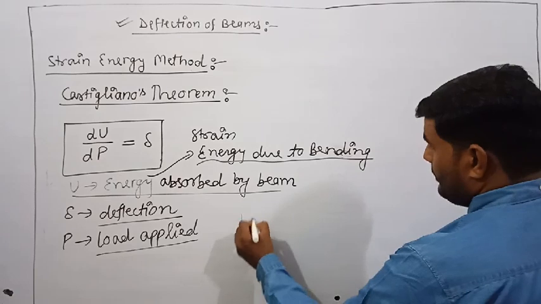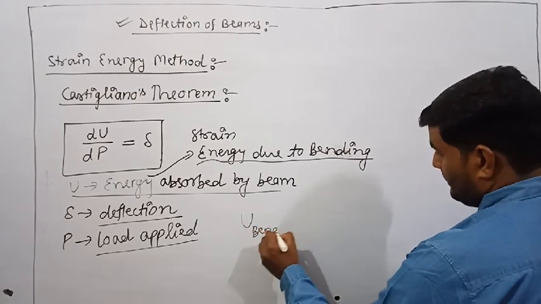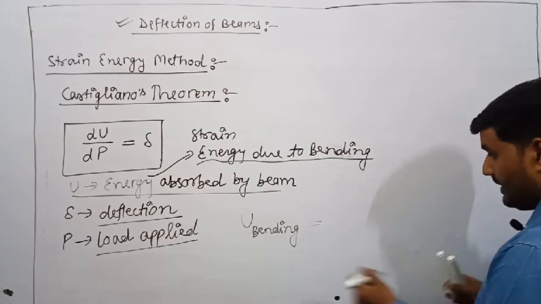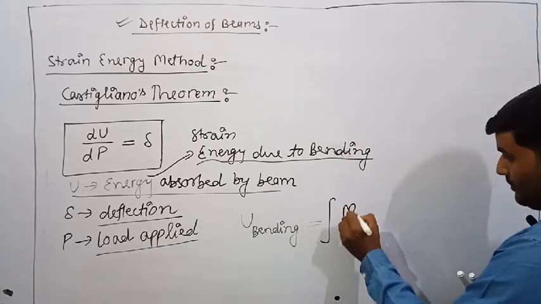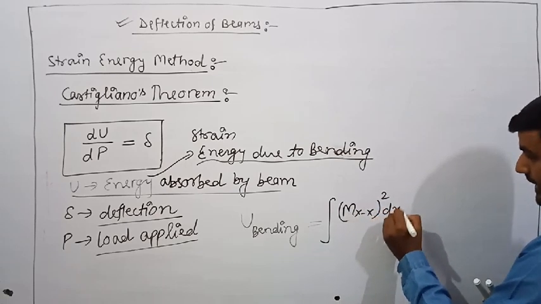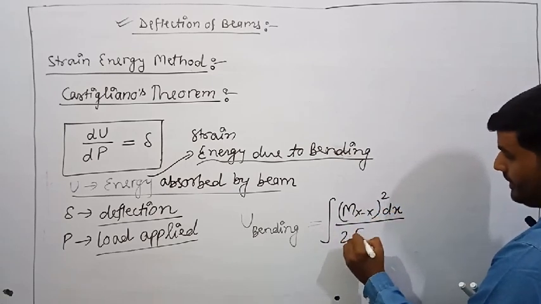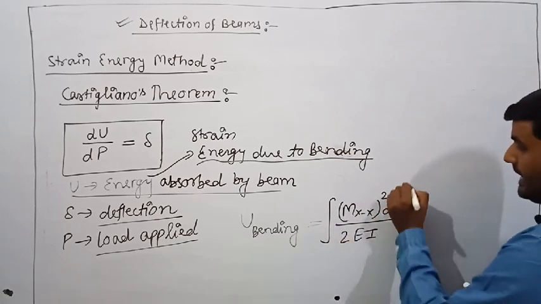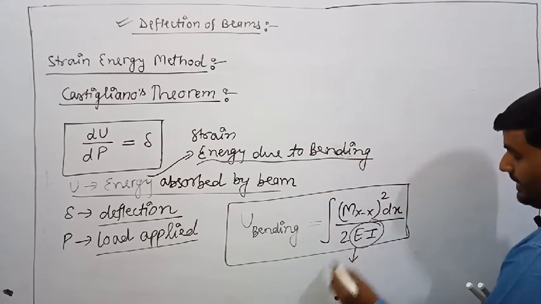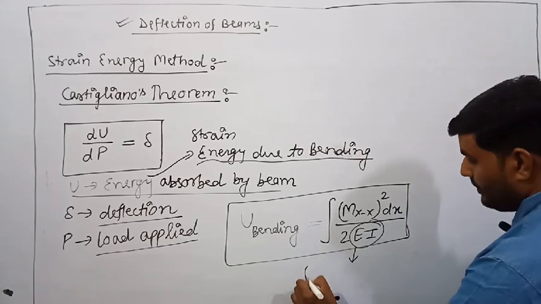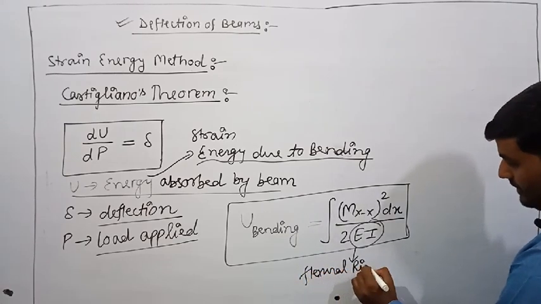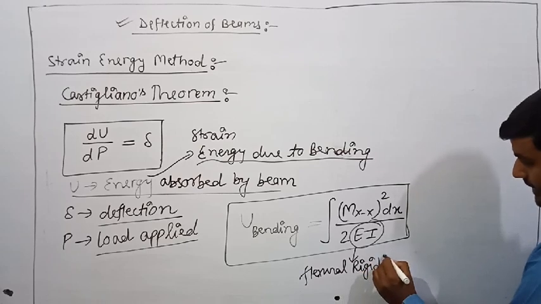And strain energy due to bending is the integration of the moment about a particular section, whole square, dx upon 2EI. Here EI is constant. EI is a complete term known as flexural rigidity.